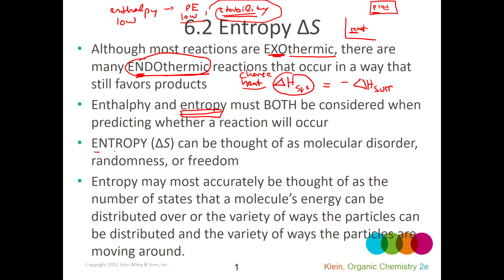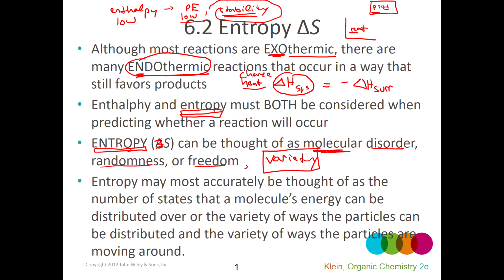So when you're thinking of entropy, which is technically just S, the delta is when you're experiencing a change in entropy. The entropy of a sample or system has to do with how much disorder or randomness or freedom, or I like to think of it as variety, how much variety there is for the individual molecules. Does every molecule look the same, or is there variety?